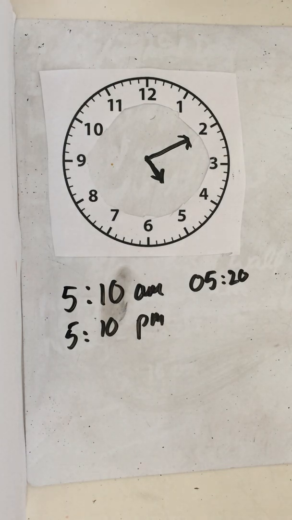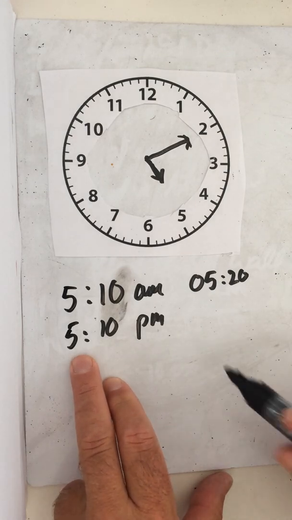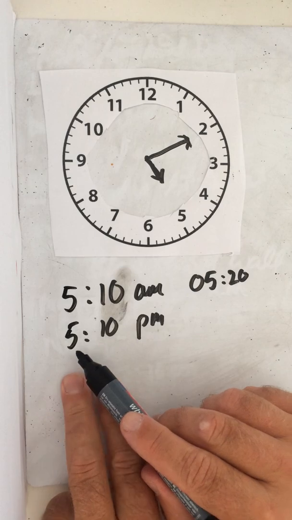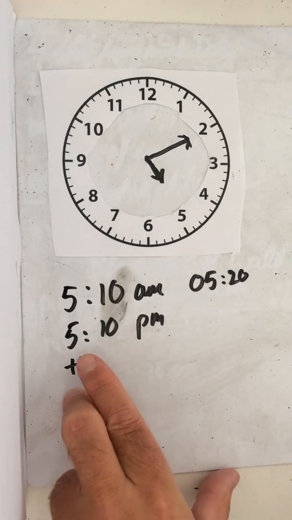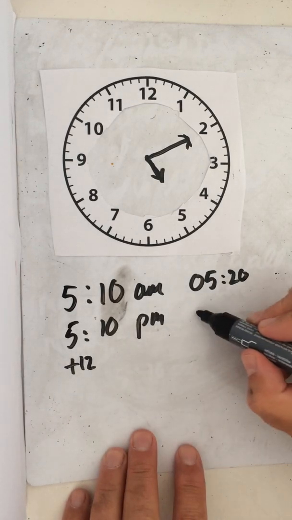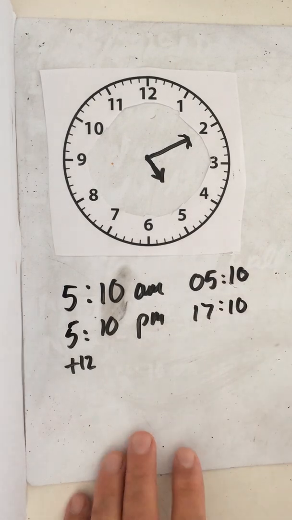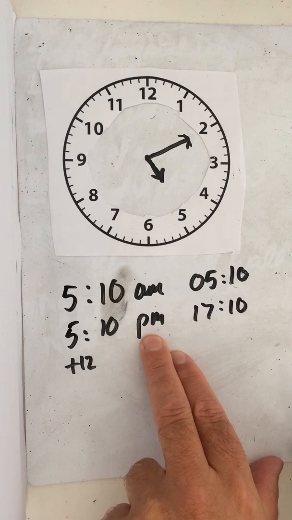So when we're in the PM, we always add 12 hours to it. This would make that 17:10. So when we're in the PM, we're adding 12.